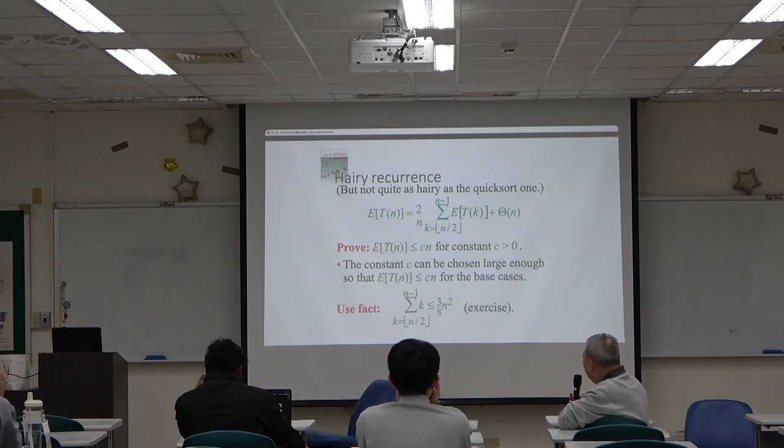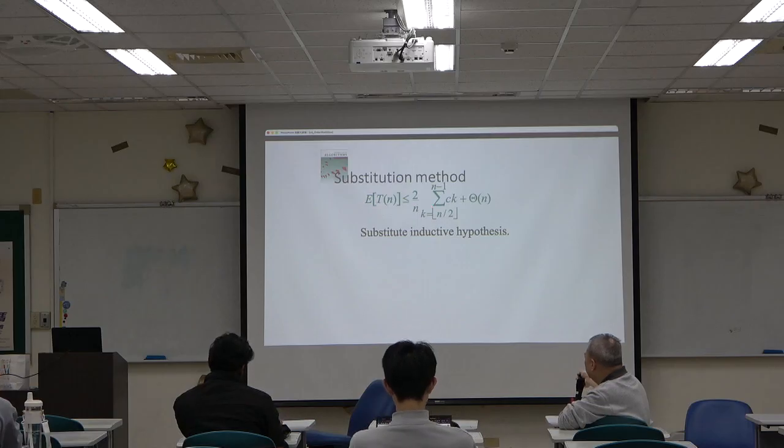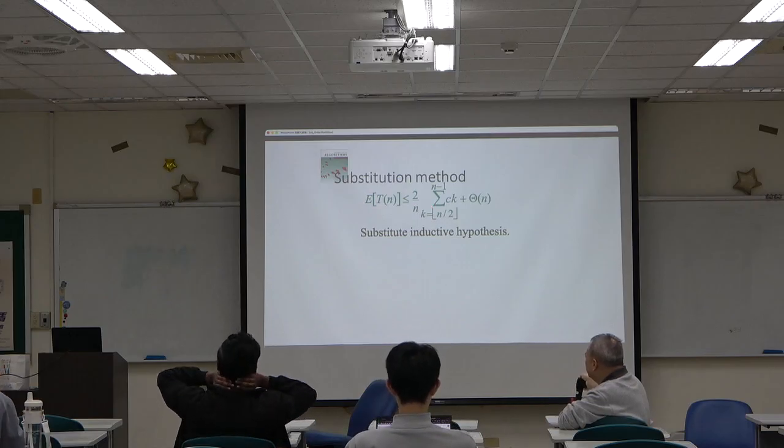The expectation of Pn is going to be smaller or equal to Cn. Okay, why? Because we can use this fact in here. So we use the inductive hypothesis, because this k in here is lower than n, so we can use ck to replace that.